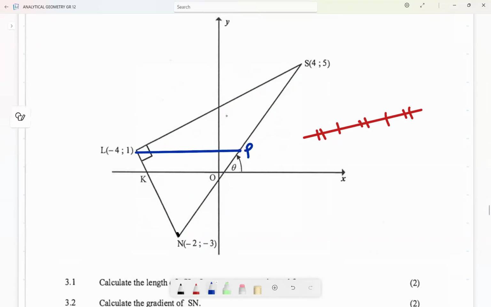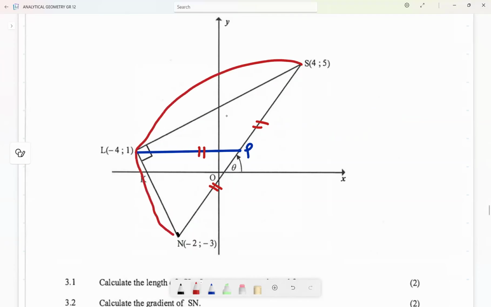P. It means now this length should be equal to that length, should be equal to that length. Does it make sense, guys? It does make sense. But now, if I check this one, I can say, how about if I were to do this so that I analyze it geometrically?